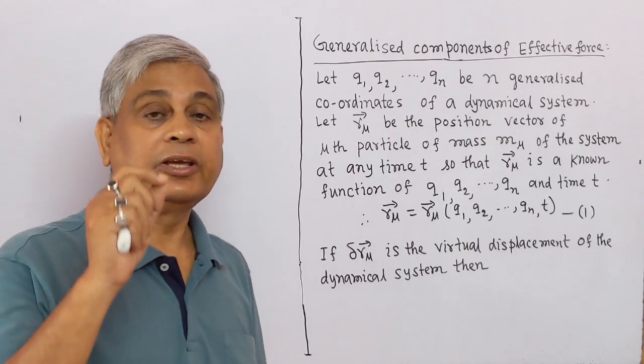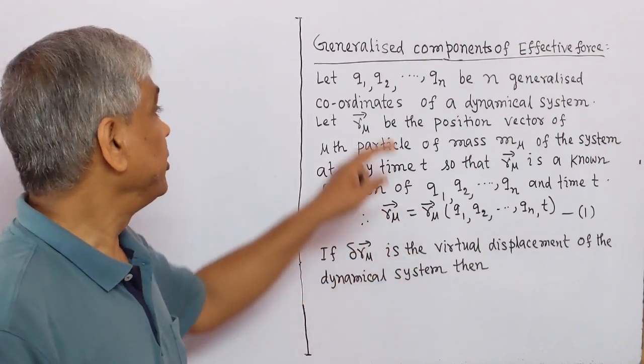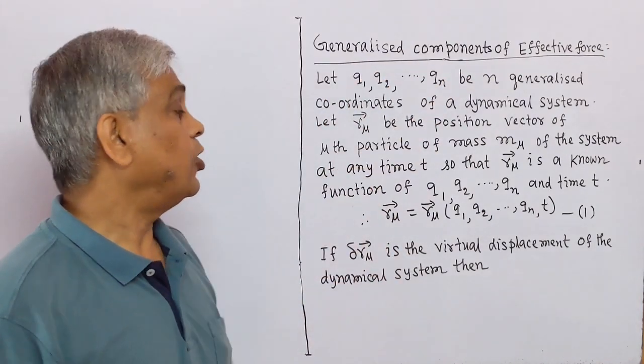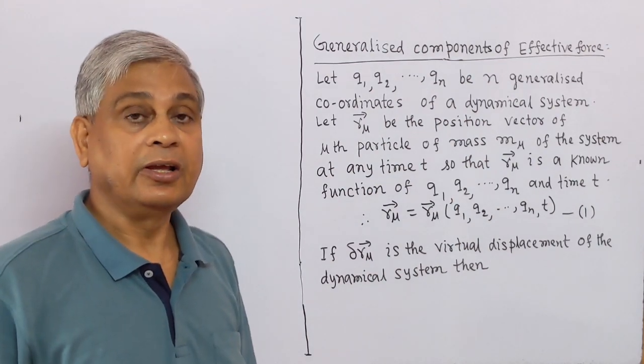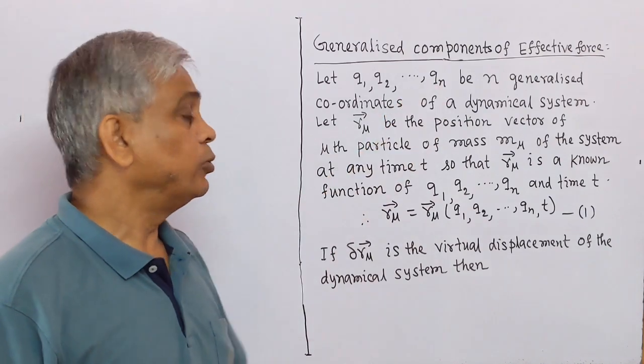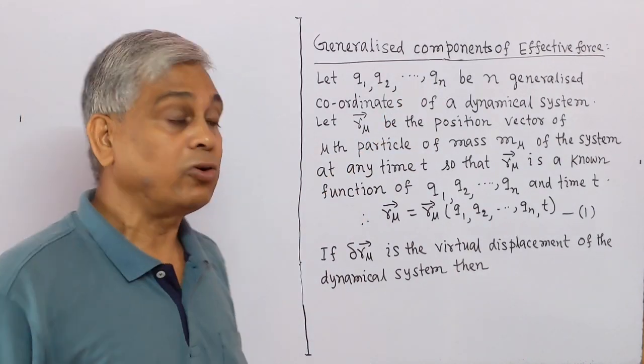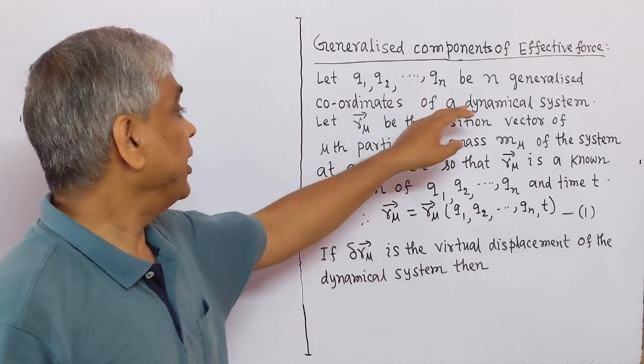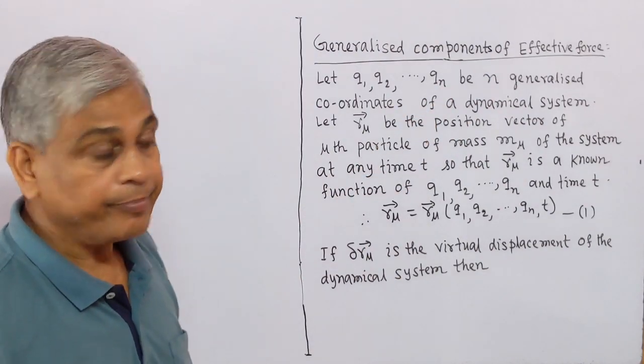Now, I will give you the concept of generalized components of effective force. Let q1, q2, ..., qn be n generalized coordinates of a dynamical system.